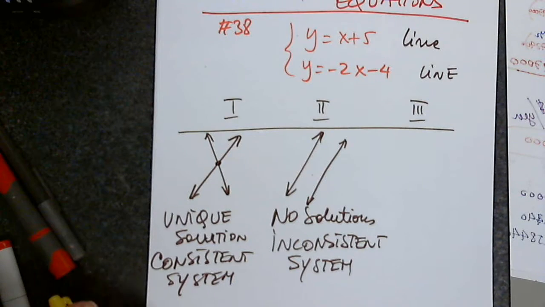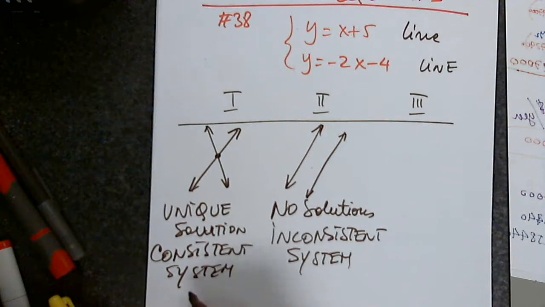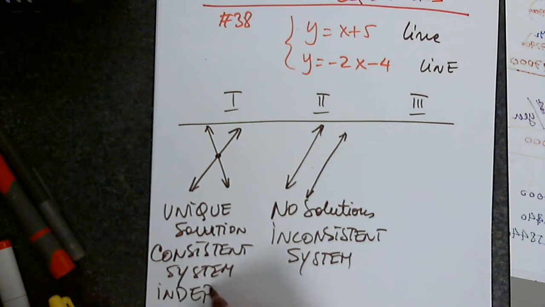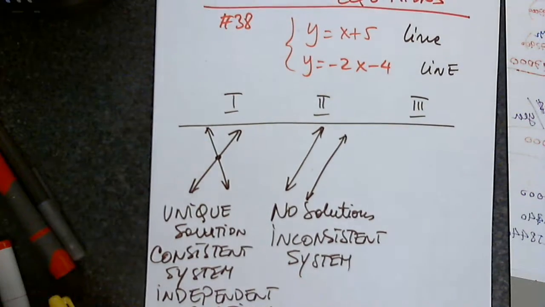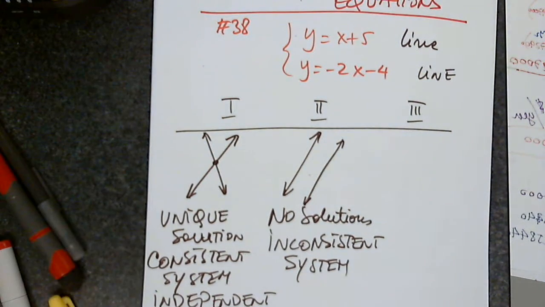And the equations are called independent. So three things: unique solution, consistent system, and independent equations. Okay, what is the third possibility?